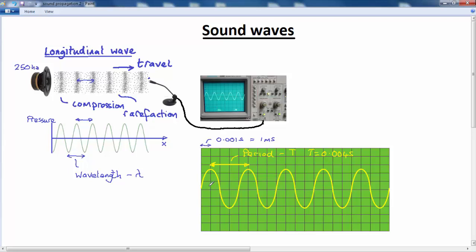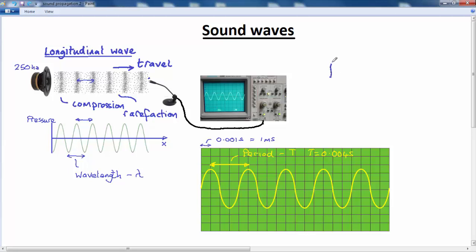Now, again, this oscilloscope is measuring how quickly they vibrate, and there's a relationship between the period, that's to say the time taken to complete one cycle, and the frequency of the wave. And we say that they are inversely proportional to each other.